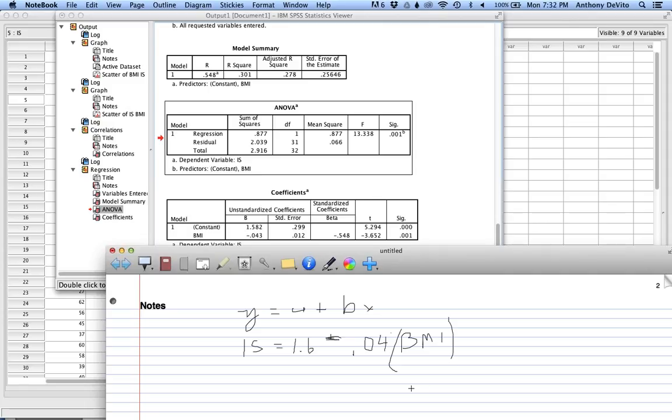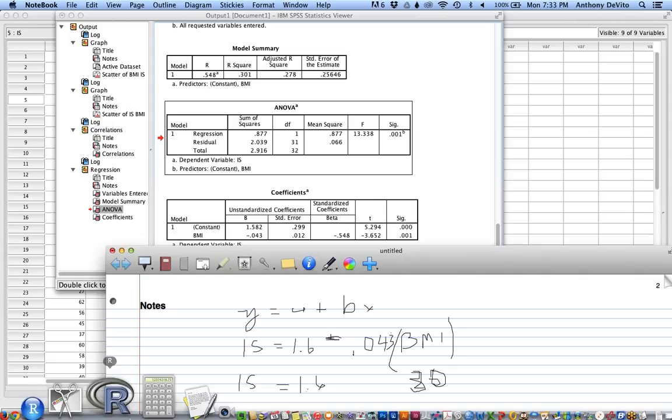Okay, so now let's take a person whose BMI is, let's say, 30. Let's use this to predict what their insulin sensitivity might be. If we measure their BMI and it's 30, what would their insulin sensitivity be equal to?